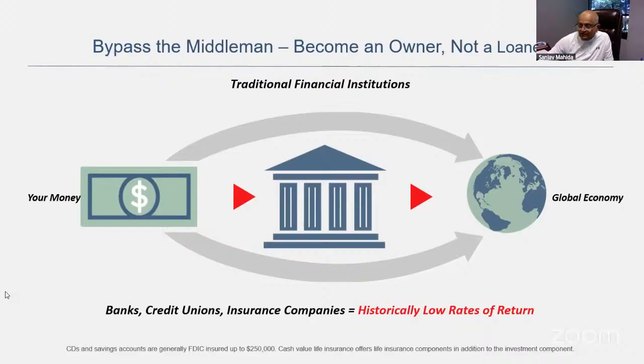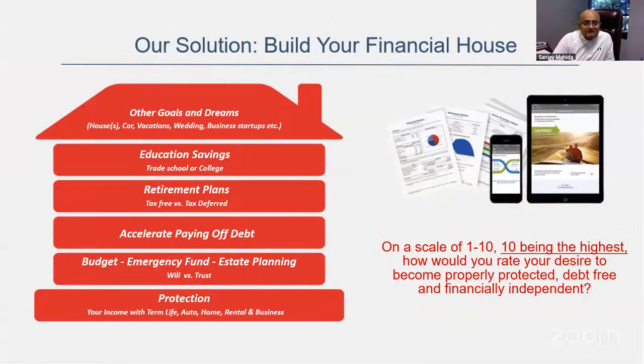Okay, so here comes the red house now. This is how we plan it, step by step. We have protection on the bottom. We make sure there's budget and emergency fund and estate planning. If you have a debt, we get you out of the debt.